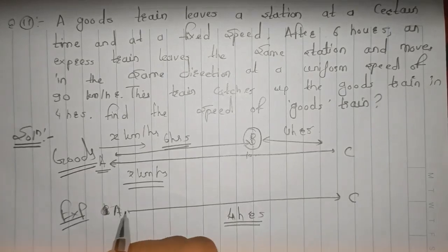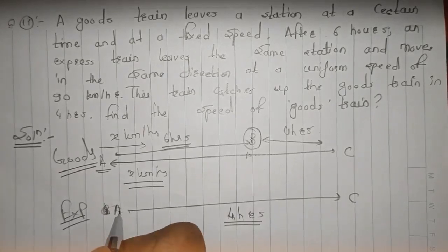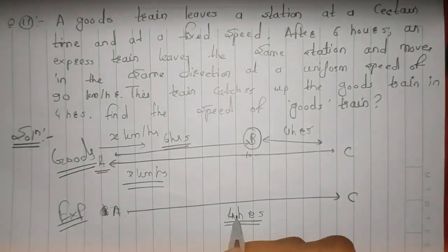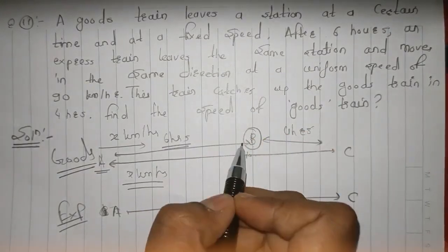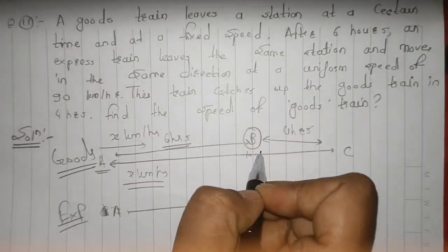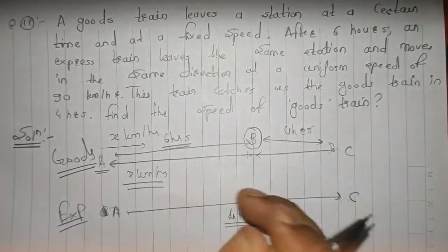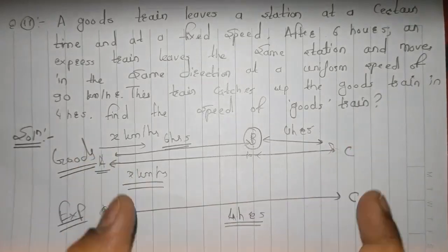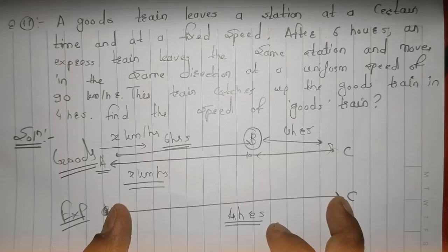So the express train has taken 4 hours from A to C, right? And in 4 hours, of course, the goods train will cover some distance from B to C. So this entire distance is exactly equal to this entire distance, right?